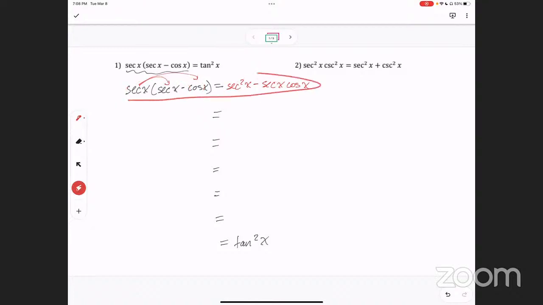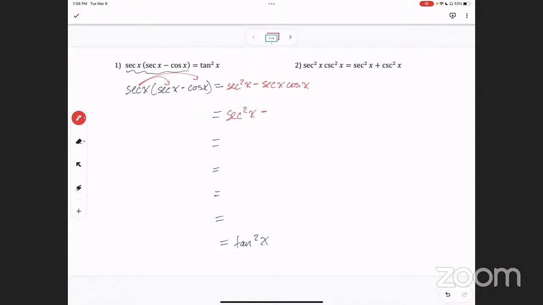So this is a true statement. And this also equals the next thing I'm going to write, which is, well, what is secant x times cosine x? Is that cotangent or just tangent? Micah, do you know?